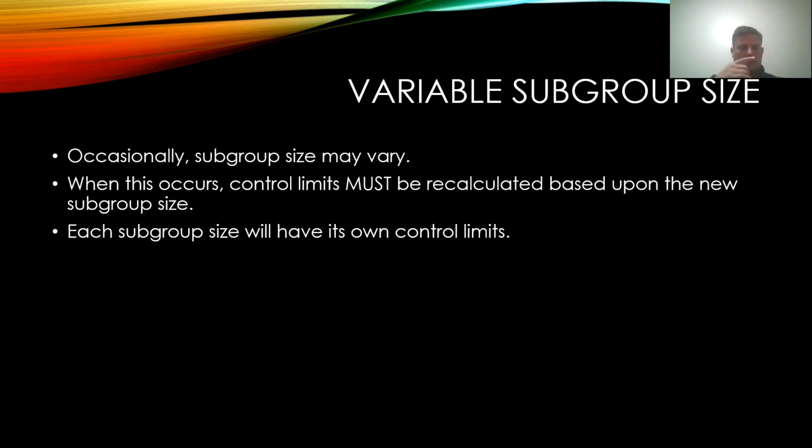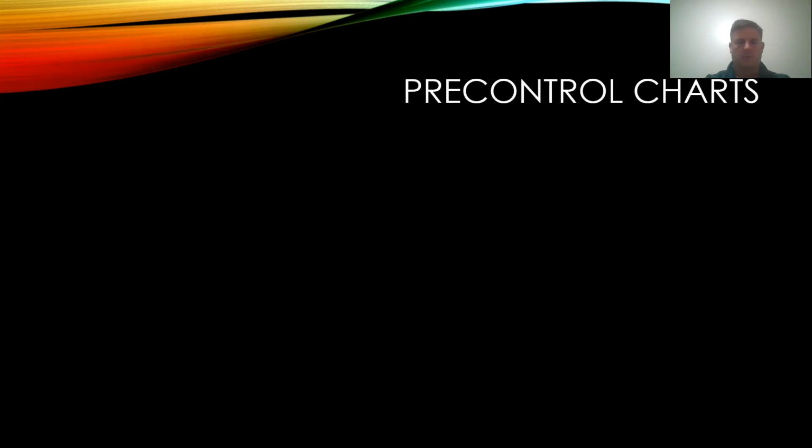What you'll see on that chart is it just keeps shortening and lengthening what the control limits look like every time you change that subgroup size. A good example of that is 8.13 on page 276, so you can check that out as well.